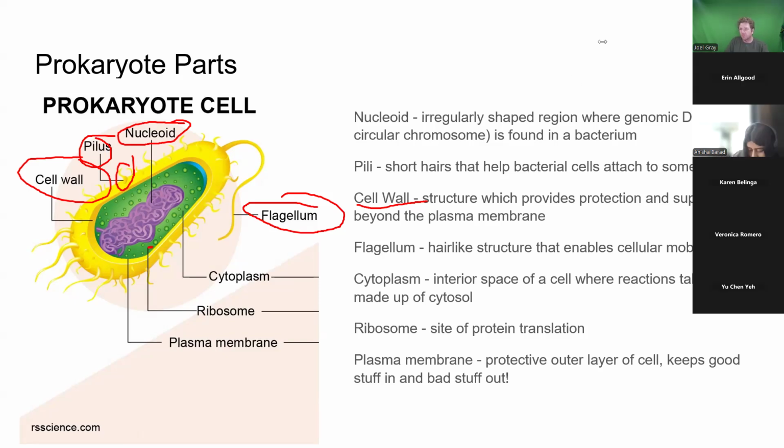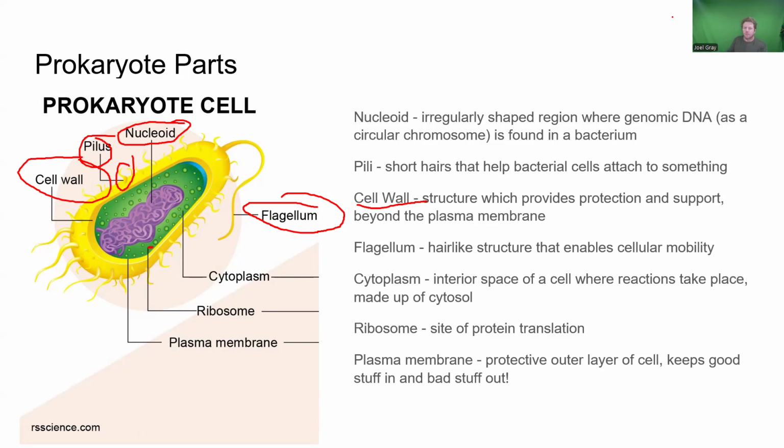Typically it does this because it has a mechanism to select certain things to keep in and other things to keep out. Now, in terms of the parts of a prokaryote that are important: flagellum, nucleoid, pilus, and the cell wall.